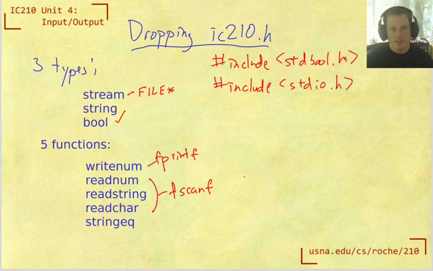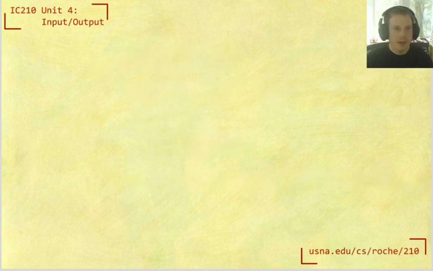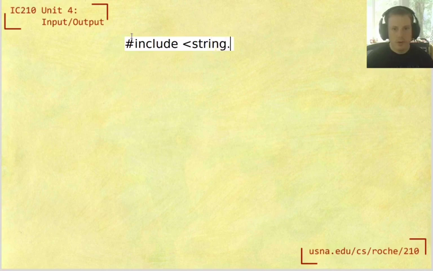Okay, so now all that's left is a little bit about the string things. We talked about stdbool.h, stdio.h. The next one is called string.h. Not a very creative name, which is kind of good, so it's easier to remember. And what does this give us?